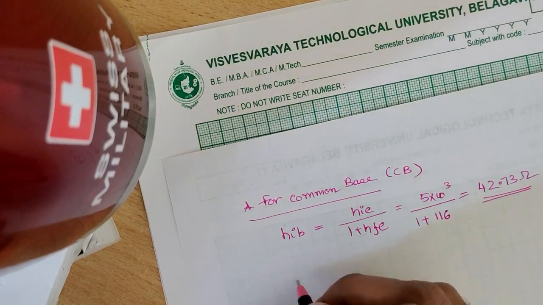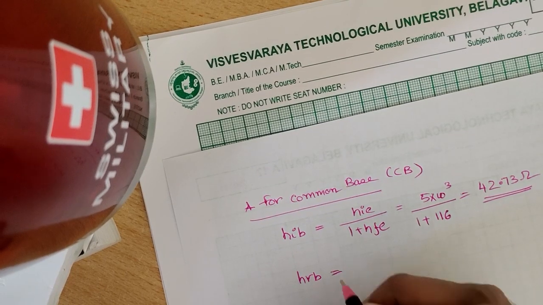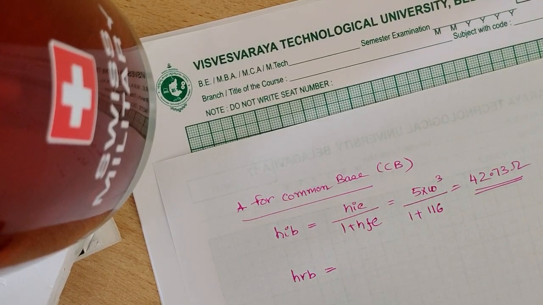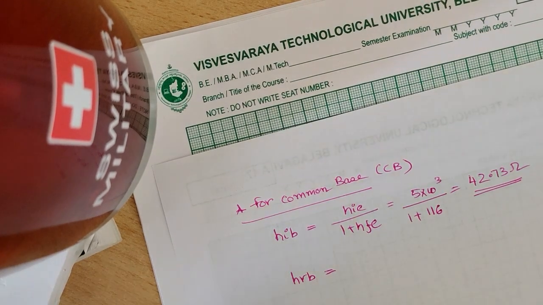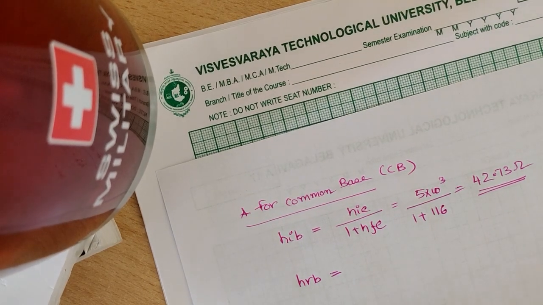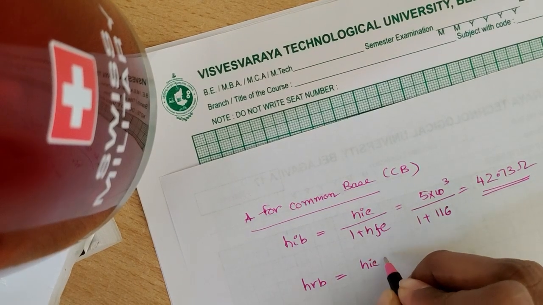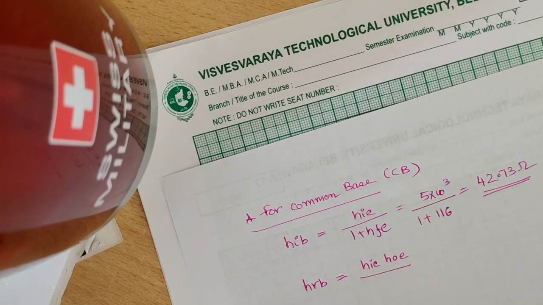Then we have HRB, the reverse voltage ratio. So approximately the HRB is given as HIE into HOE divided by 1 plus HFE.